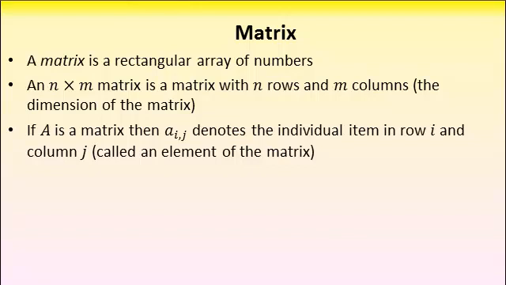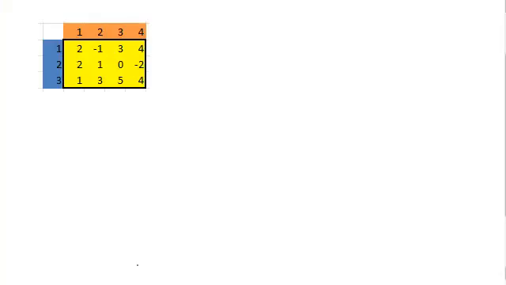The first subscript, the i, always refers to the particular row, while the second subscript, j, always refers to the column. And so this a_ij is an element of the matrix, where i is allowed to go from 1 to n, the number of rows, and j is allowed to go from 1 to m, the number of columns.